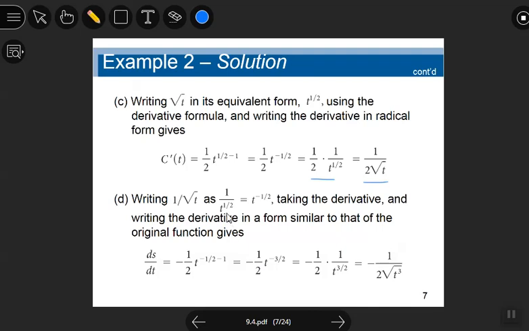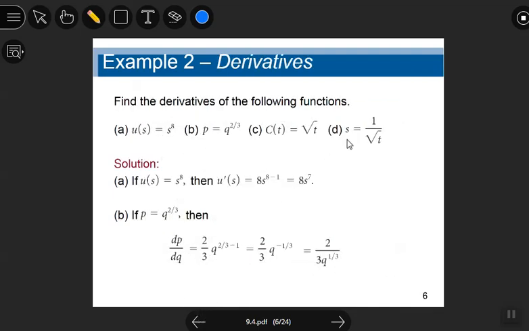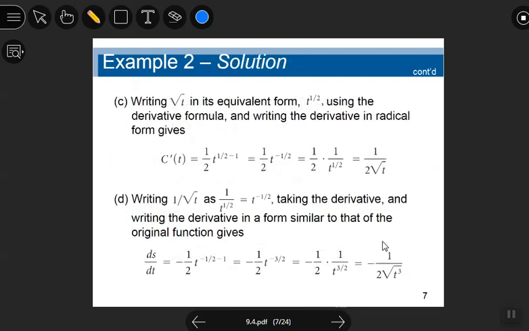And let's look at the last one. It is s equal to 1 over the square root of t. You can write it as 1 over t to the power half, so gradually it becomes t to the power negative half. Now what is your n? Your n is negative half.